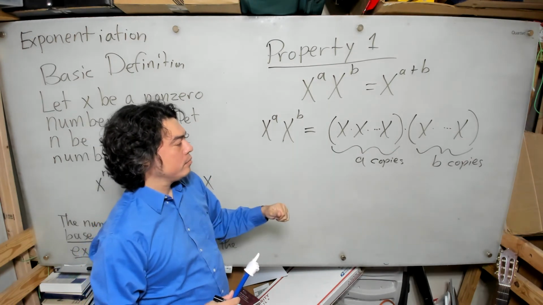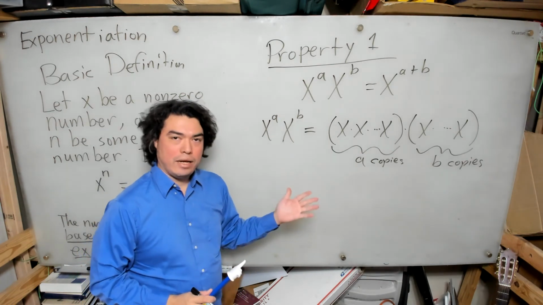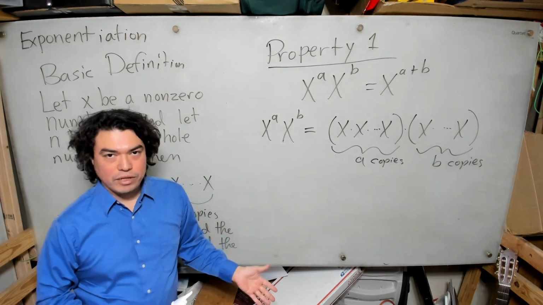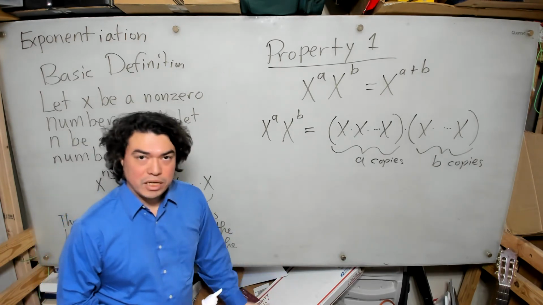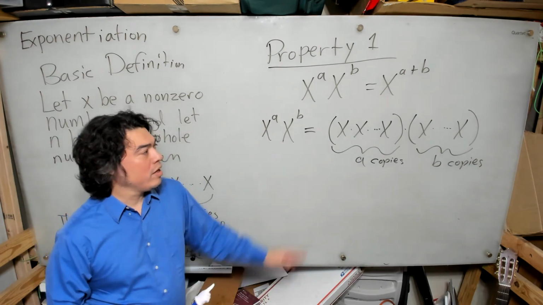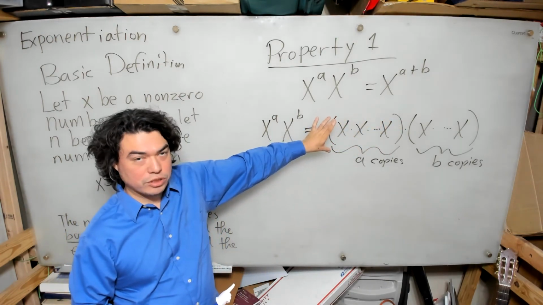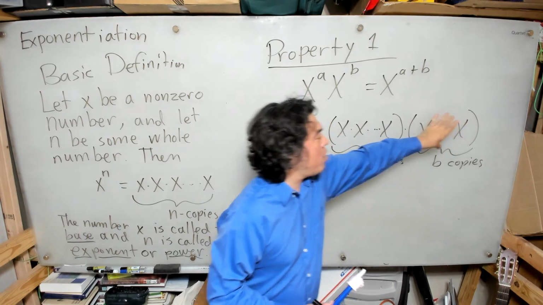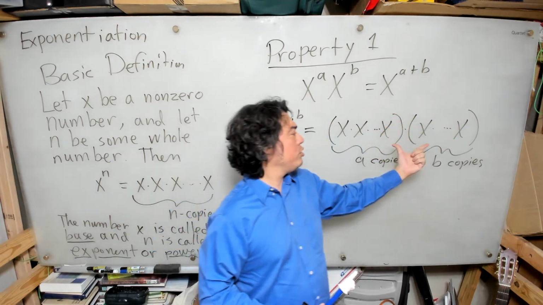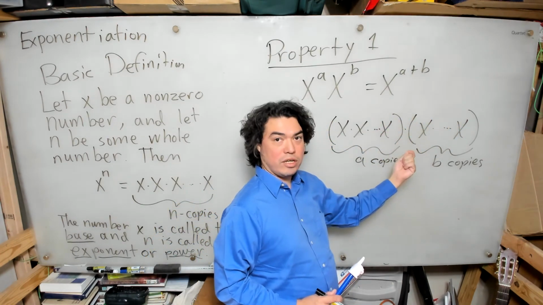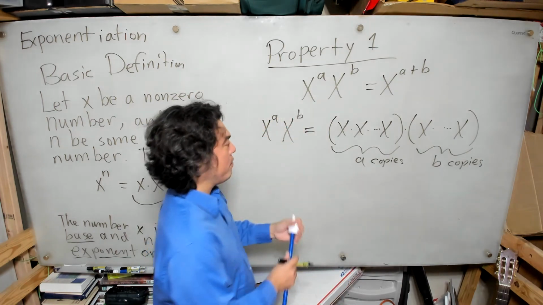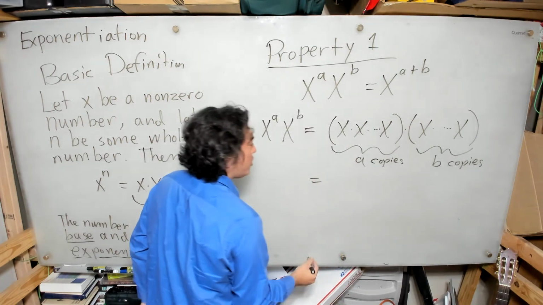But now, again, here is where I'm basically hand waving. Because of the associative law and commutative law, this multiplication of a copies of x first, b copies of x second, and then those two products being multiplied together to get the final product, can be replaced with how many copies of x being multiplied?